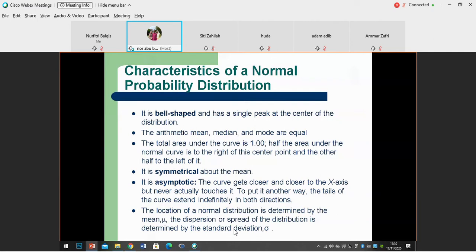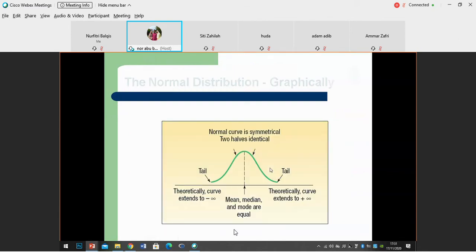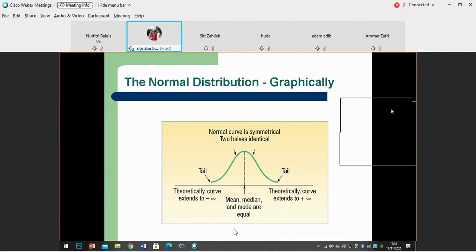Mungkin sama banyak, sama kiri kanan. Ataupun sama atas bawah? Tidak, sebab dia bell shape, mesti kiri kanan sama. Asymptotic. So the curve gets closer and closer to x-axis but never touches it. And location of distribution is determined by mu and spread is determined by standard deviation. Ini kita tahulah.